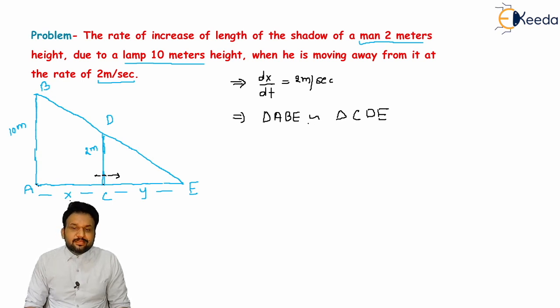If both triangles are similar to each other, the ratio of their sides will be equal. It is a property of triangles, nothing else.